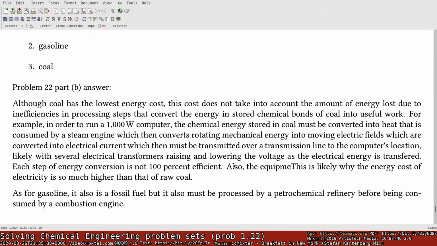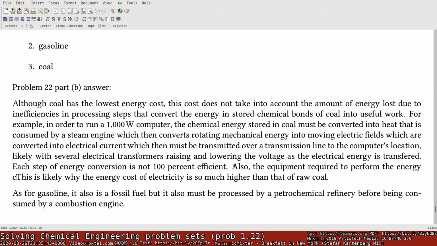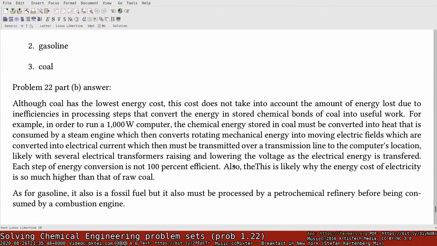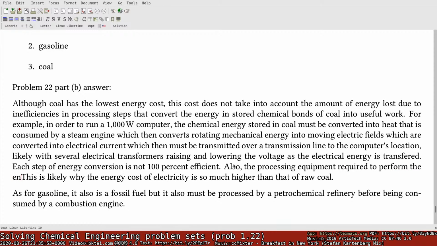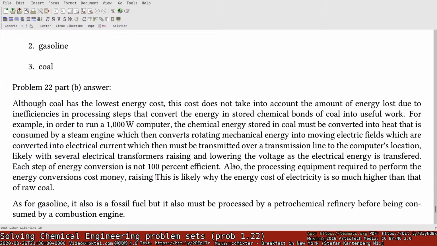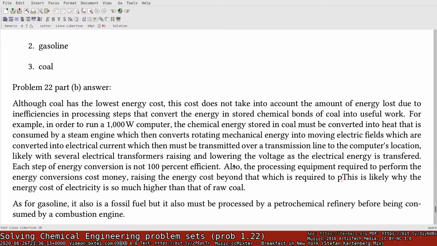Also the processing equipment required to perform the energy conversions costs money, raising the energy cost beyond that which is required to produce raw coal.